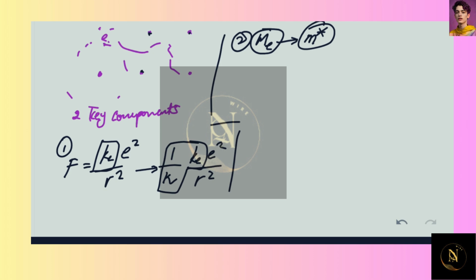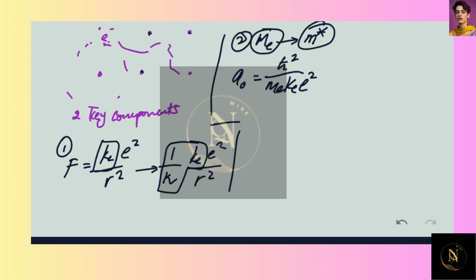Now for the first part, we want to find the radius. In the Bohr model, the radius for the hydrogen atom is just h bar squared over me Ke e squared.